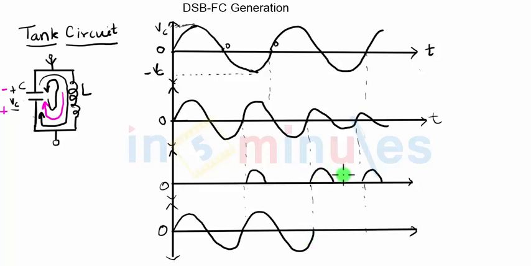Now, if you do not apply any current pulse, then again the oscillations will start reducing in amplitude, but with the presence of the same equal energy current pulse, the amplitude of the sinusoidal signal will again be of constant value. So the conclusion which we will be using in the generation of DSB-FC signal is that if I give constant current pulses to the tank circuit, then I can generate sustained oscillation.